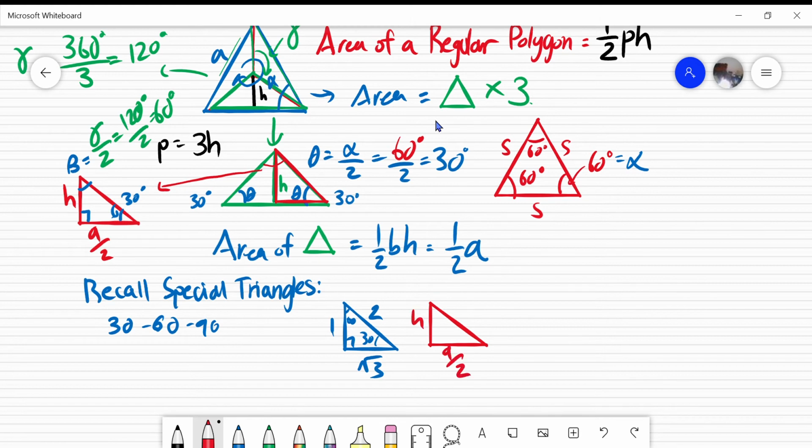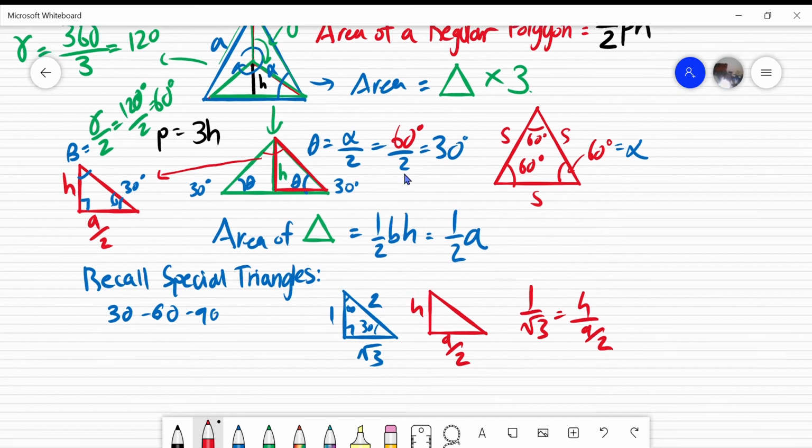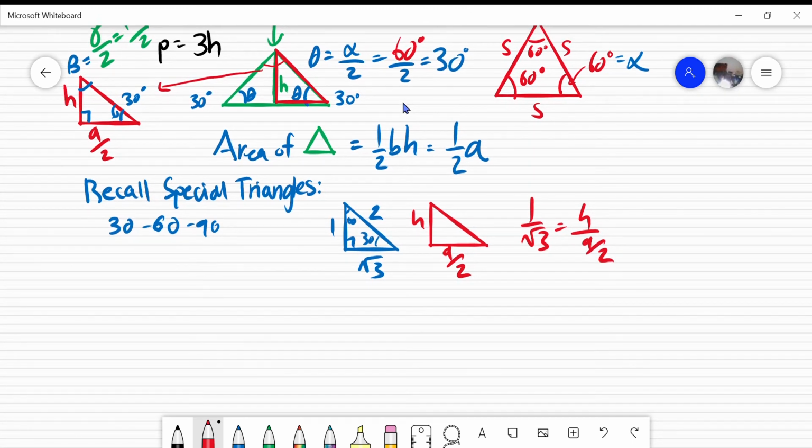So therefore we can do 1 over root 3 is equal to h over a over 2. So we're just going to solve for h here.